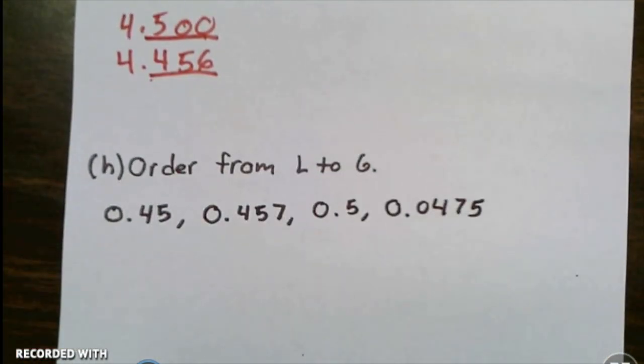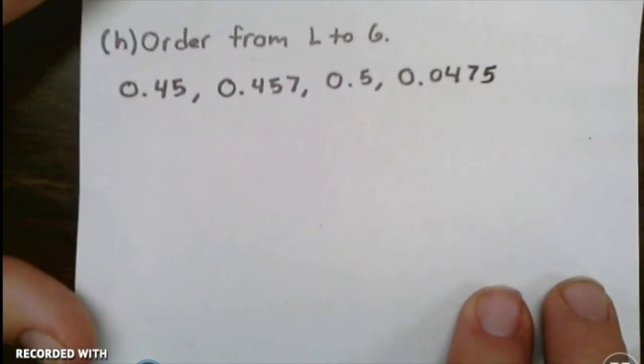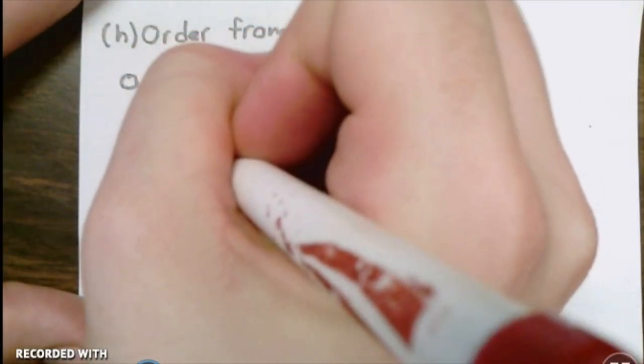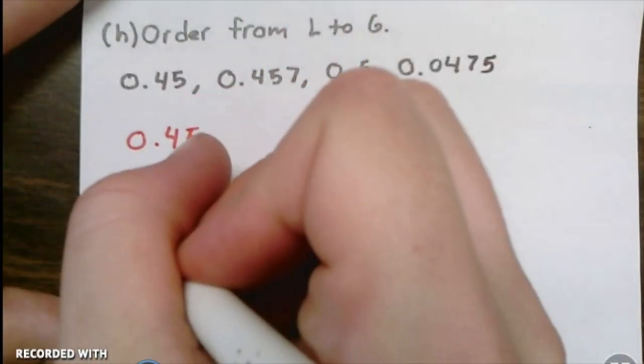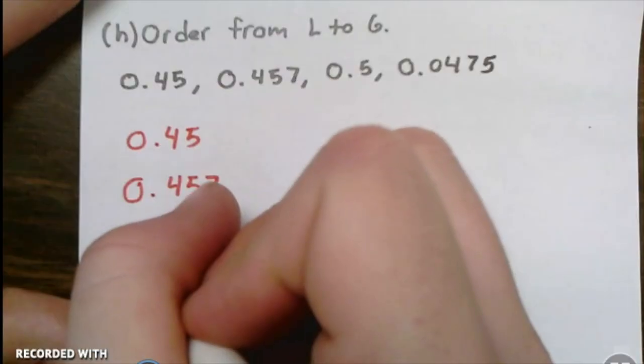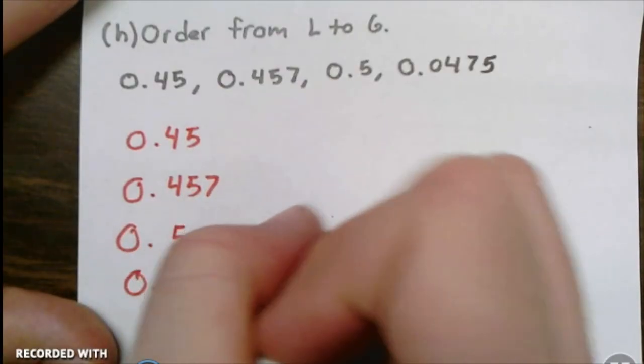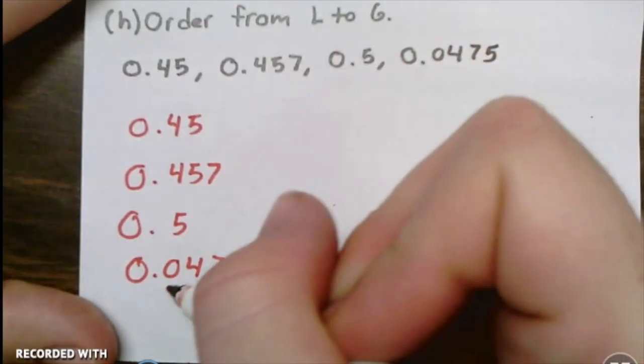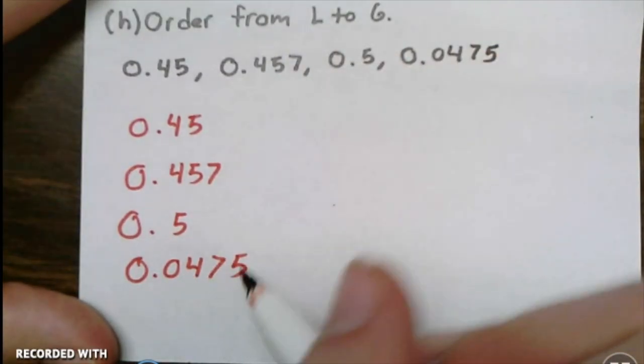All right, here I've got order from least to greatest. So in order to order things, it's basically comparing, I need to write them vertically first. Okay, now I'm going to give them the same number of decimal places as the biggest number. 1, 2, 3, 4.